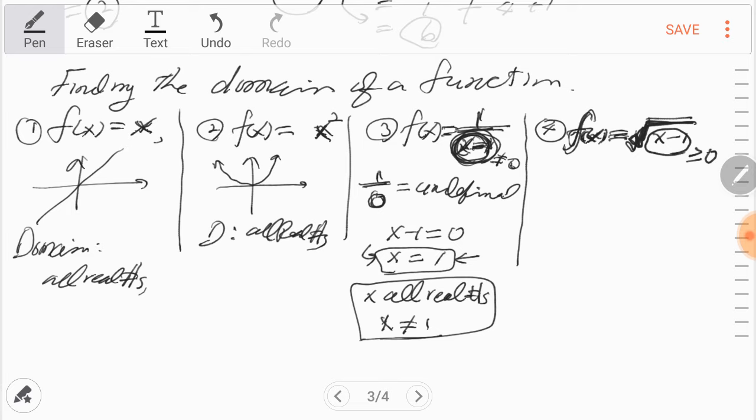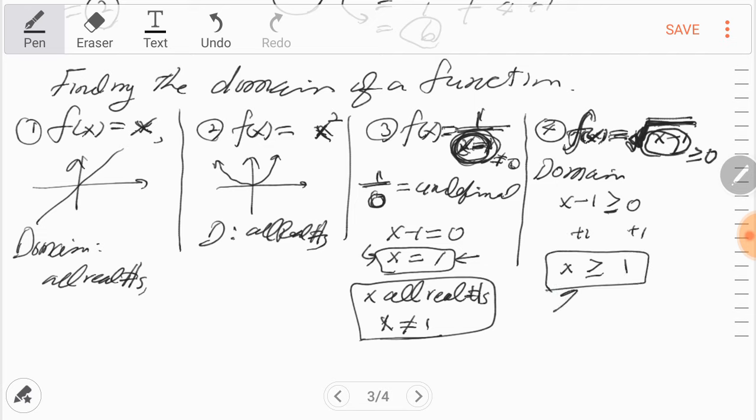So the domain of a square root is that the inside of the square root symbol has to be greater than or equal to 0. Then plus 1 on each side, then x has to be greater than or equal to 1. So this is the domain.